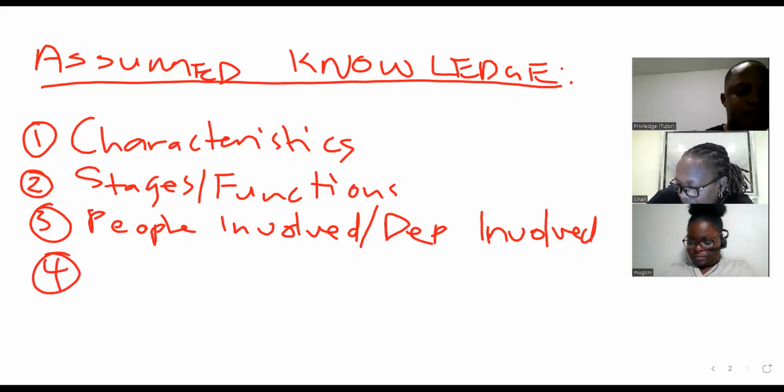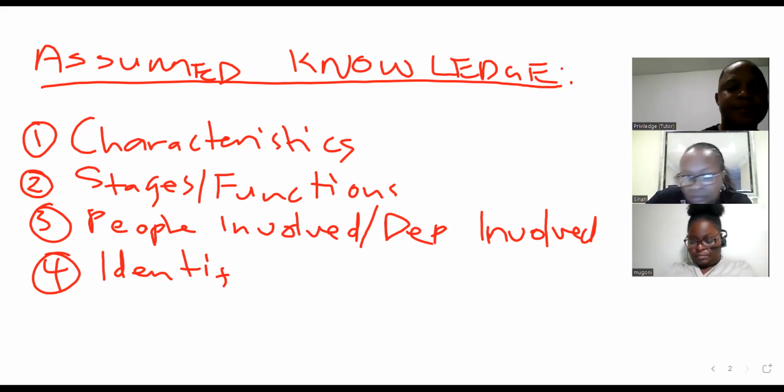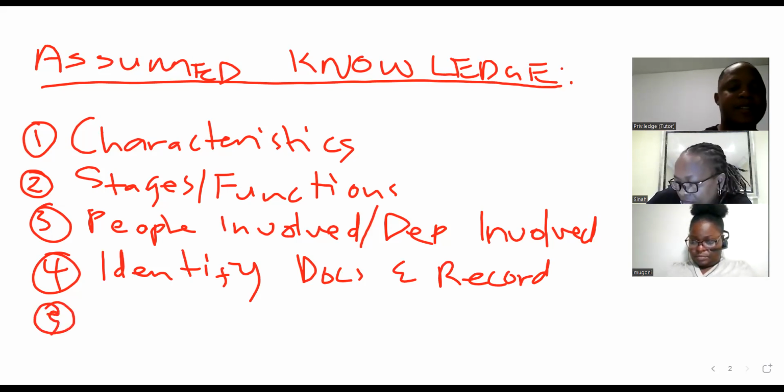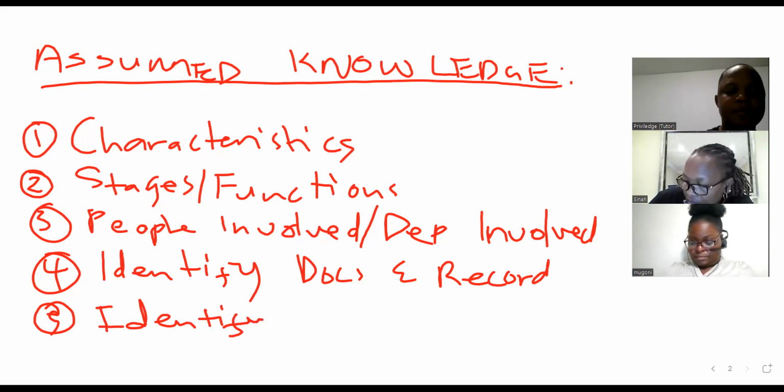If you know all this, you should be in a position where you can identify the documents they are using, as well as the records being generated within the different respective functions in that cycle. And lastly, but not least, and this is something they can actually ask you to do, to identify risks. They'll call these business risks.